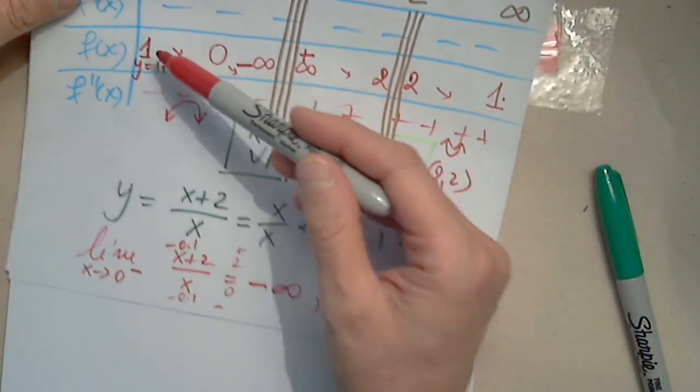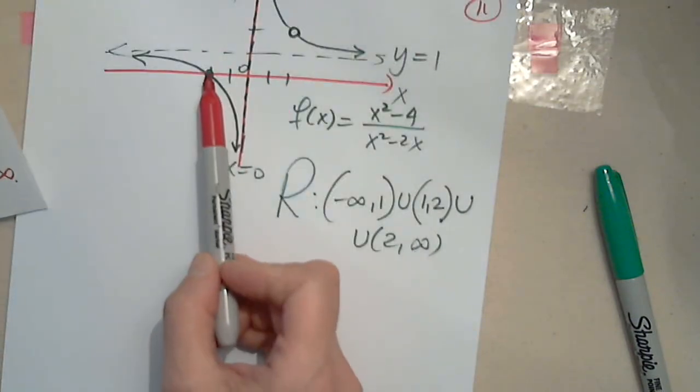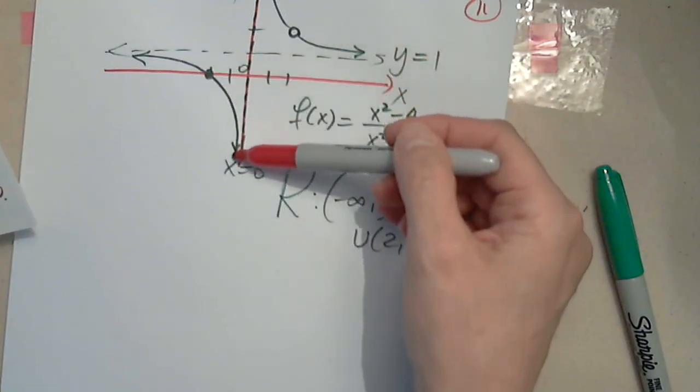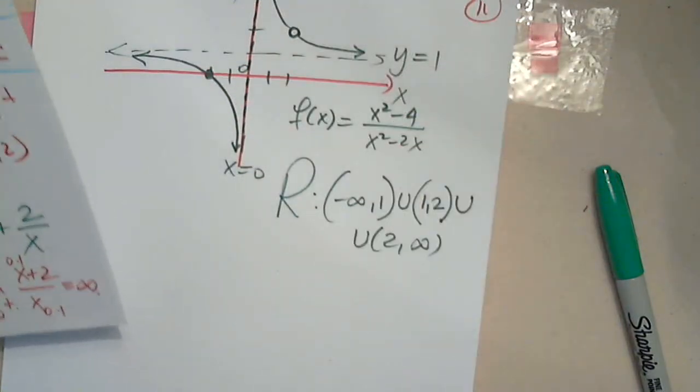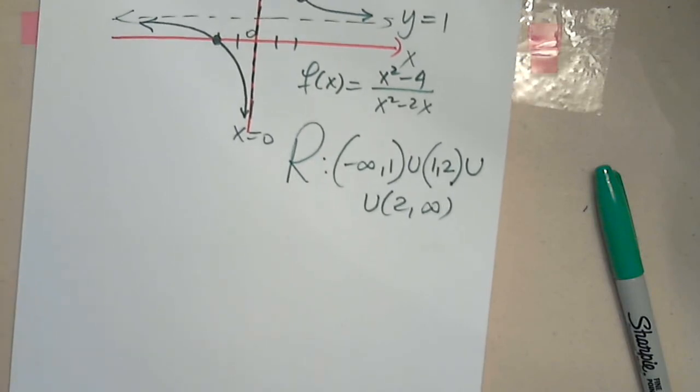So from approaching the horizontal asymptote, it crosses the x-axis at negative 2, 0, and it drops to negative infinity on the left-hand side of the vertical asymptote. And then on the other side. Is that better? Certainly. Thank you. Very good question. Is this okay?